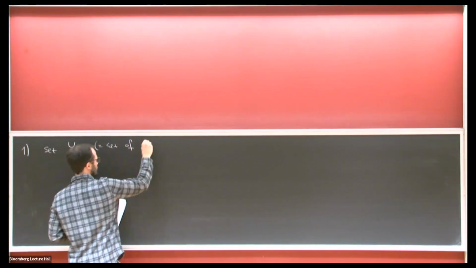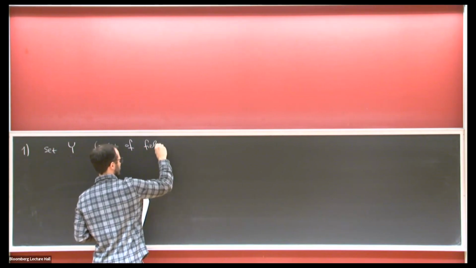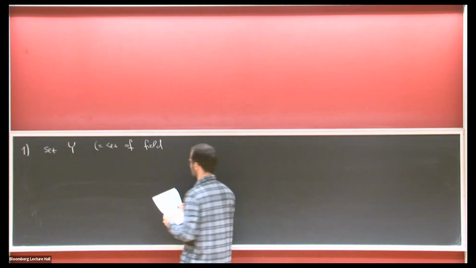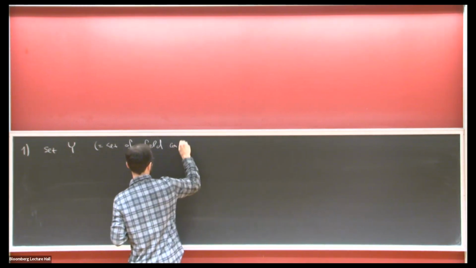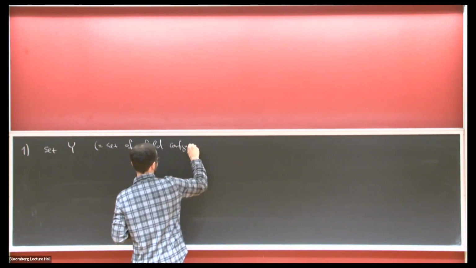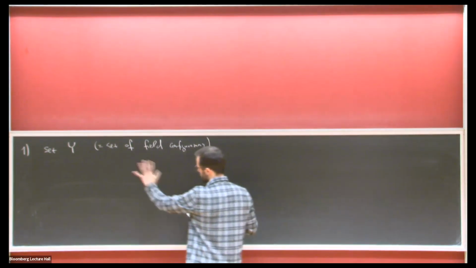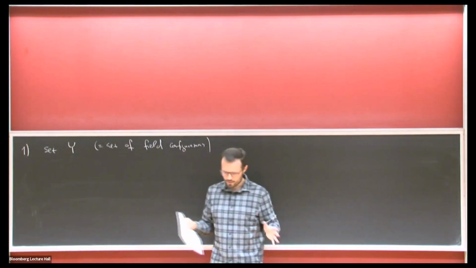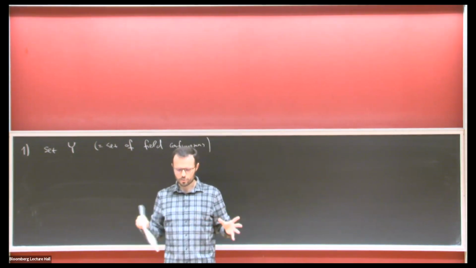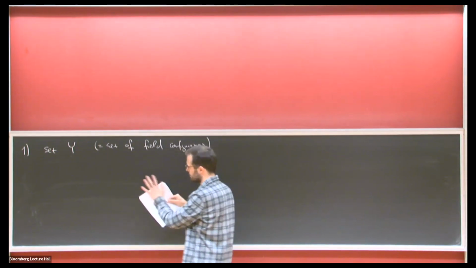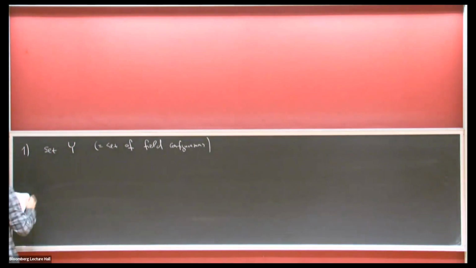So the set of field configurations, and I'm talking about the theory on R^D or on S^D, so CFT on S^D. And I don't want to commit to any particular description of this set. In the cases where CFTs have been constructed, this is usually some space of distributions, but I don't want to commit to any particular description.